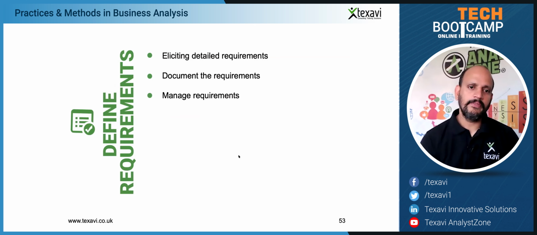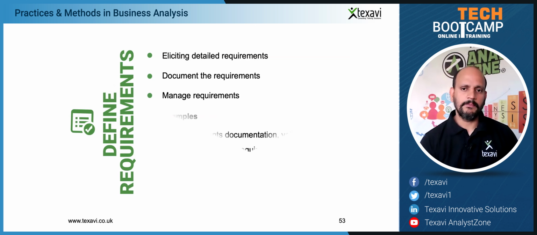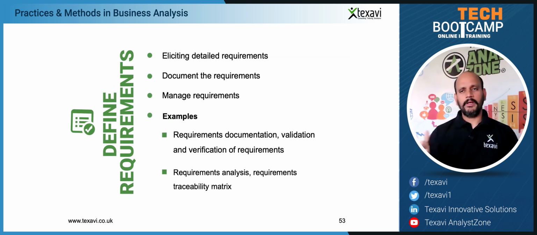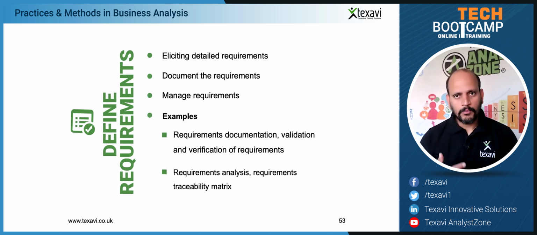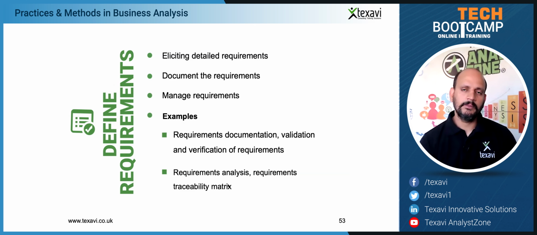And then we need to define the requirements. That's where the detailing really comes into the picture. You can create a backlog, create user stories, add more and more detail and make it more granular. You can create the acceptance criteria and add the given-when-then scenarios. You can create wireframes to show the developers how it should look. All of these are part of the definition of requirements. Uzma was talking about the traceability matrix yesterday.